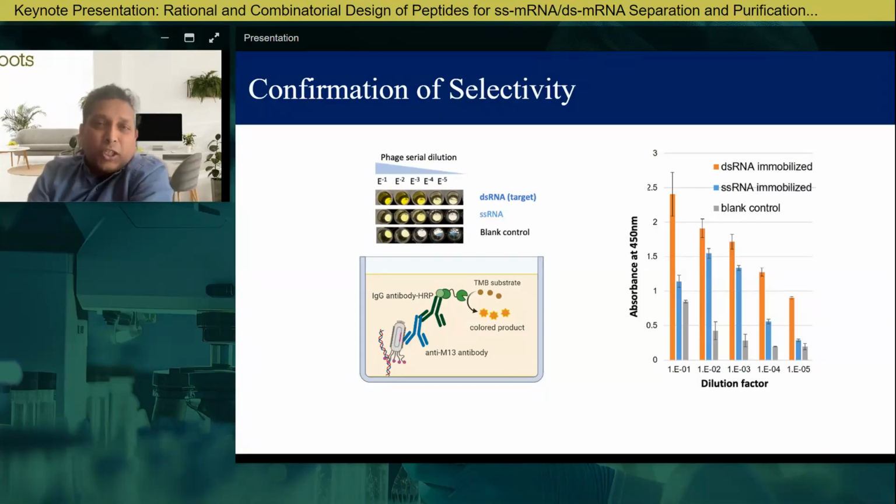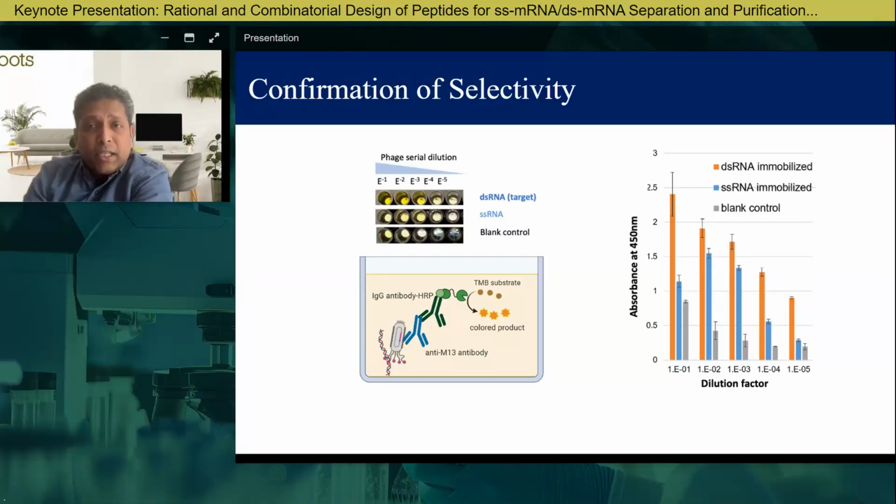So this is a sanity check that we do. This gives us the confidence that the pool that we are looking at really contains binders that have both features: good binding to our target of interest, which is the double-stranded RNA, and also binding with good selectivity, which means they are somewhat agnostic, not promiscuous, but somewhat agnostic in terms of binding to the single-stranded RNA.